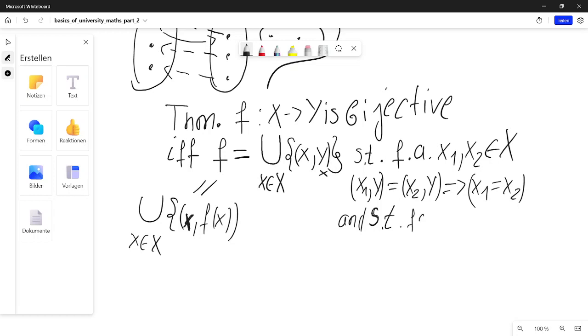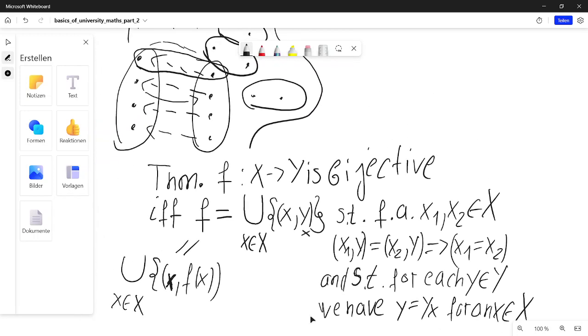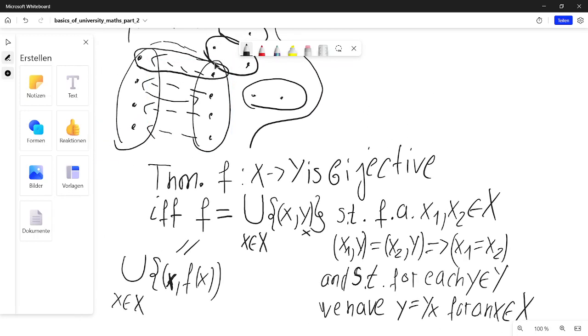And for each y there is an x, y equal to f of x for an x element of X. So in total, that just means exactly that we can separate that in such pairs where a pair is given by the relationship given by the mapping, right?